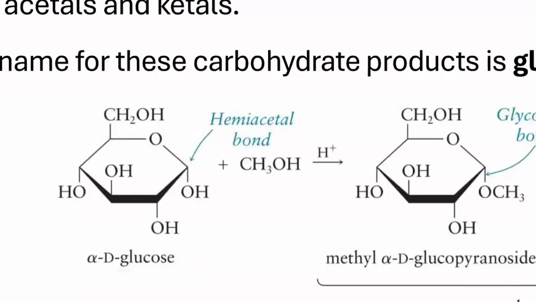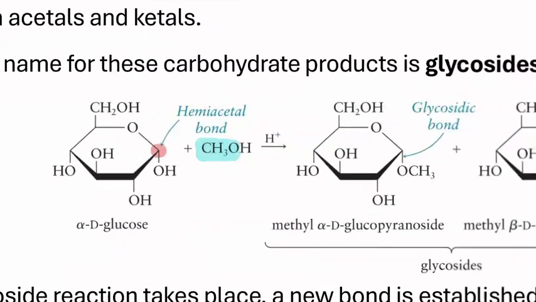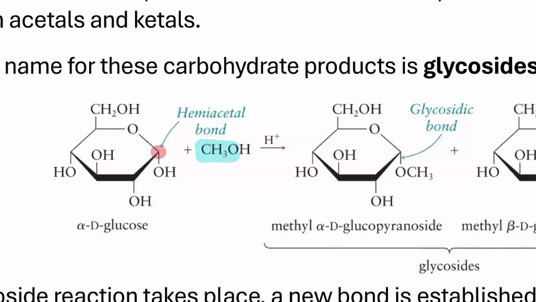And specifically, if you take alpha D glucose and you react it with an alcohol under acidic conditions, at the anomeric position, we see the addition, let me just highlight the atoms, of the oxygen and the R group in the alcohol.